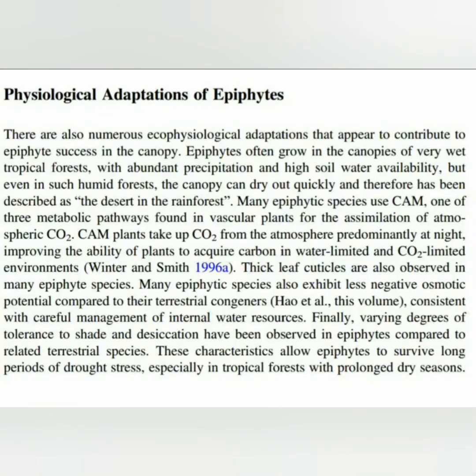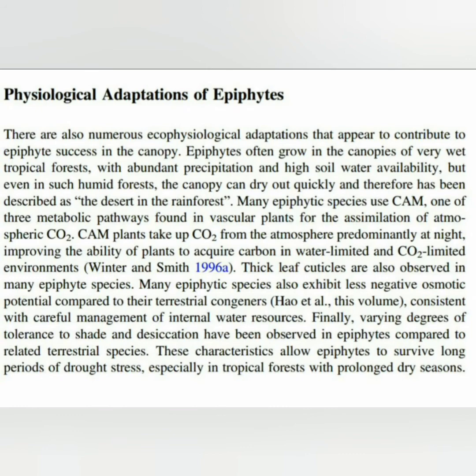Okay, coming to the last part, that is physiological adaptations. Now, in epiphytes as well, there are numerous eco-physiological adaptations. Since we are studying ecological adaptations, but now we are talking about the physiology.